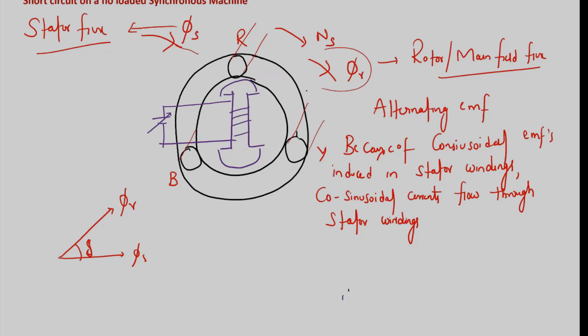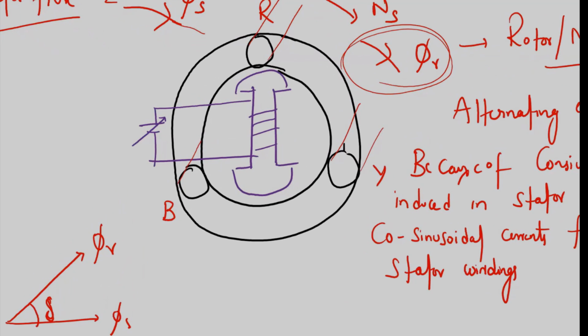The rotating rotor or main field flux psi R will be leading the stator flux by an angle delta in the case of a generator. Exactly the reverse will happen in the case of the synchronous motor.